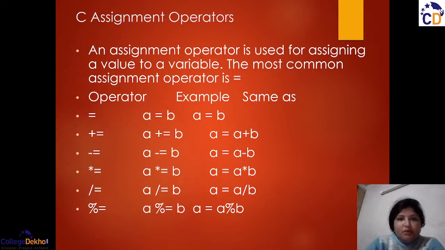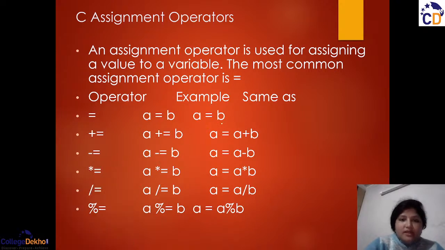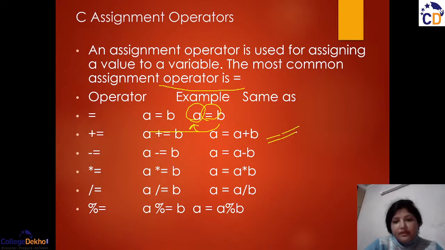This is very important, whenever we use this operator we should understand how it actually works. Basically the value b is assigned to the variable a. So it is not an equality operator. Here we call it the assignment operator. When we talk about the equality operator, it is a double equal to sign, right?